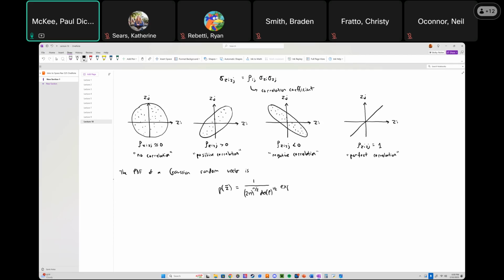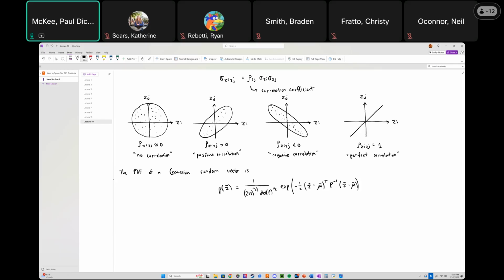And then all of this is multiplied by the exponential function of negative 1/2. For the scalar case, it's z minus mu over sigma squared. So you're basically saying the distance of this value from the mean scaled by the standard deviation. Well, the way we do that in vector land is we say the vector z minus the vector mean, transpose, and then instead of 1 over sigma, it's the inverse of the covariance matrix, and then z minus mu again.